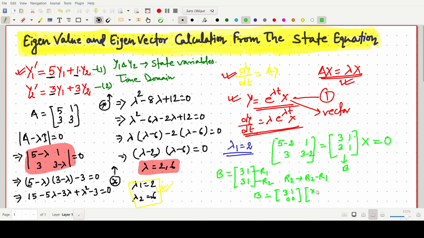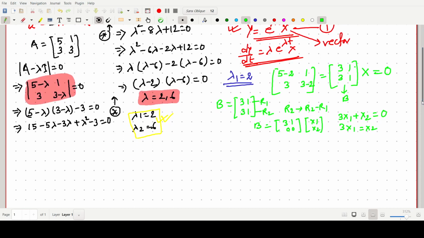And if we multiply with some vector x1 x2, it gives 3x1 plus x2 equals to 0. So we can write 3x1 equals to x2. After that we can easily find the value of x1 and x2.